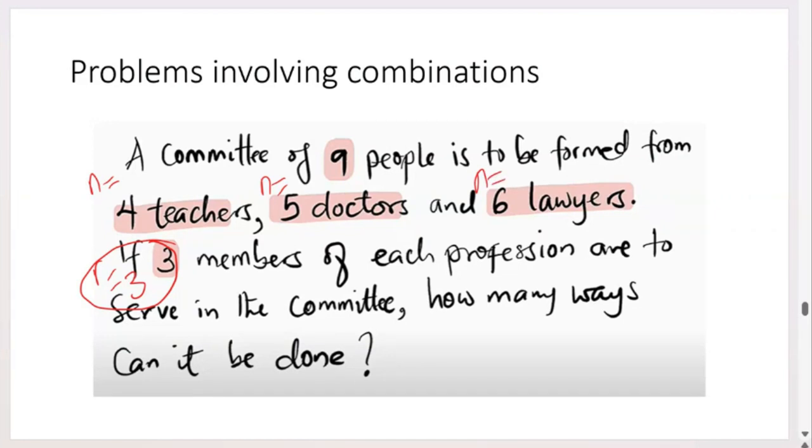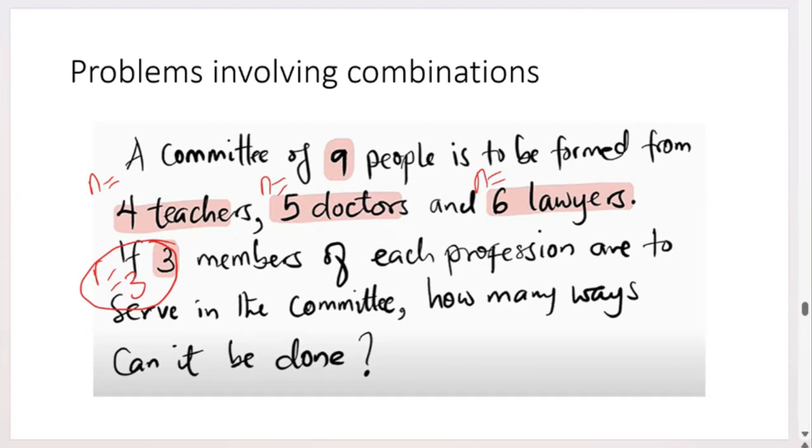Look at the previous question. Here there are 3 variables: teachers, doctors, lawyers. In the previous one, you had the girls and the boys. Now you want to see how many ways you can do that selection.